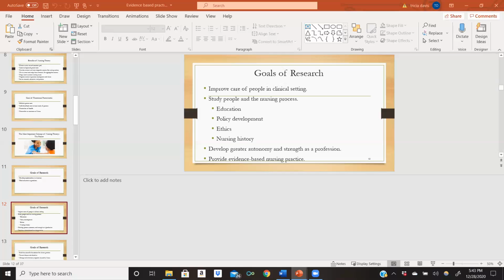One of the many ways that we promote nursing development of greater autonomy and strength is nursing research. Nurses, depending on their level of education, conduct or participate in research to improve their efforts to deliver high quality, cost-efficient care. Nurses also increasingly use the findings of research to provide evidence-based nursing practice, okay?